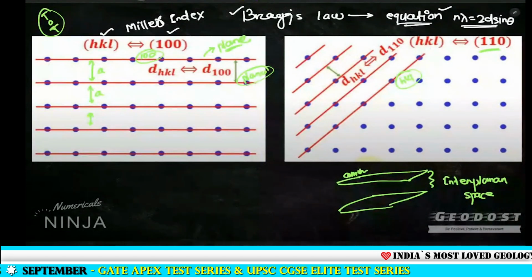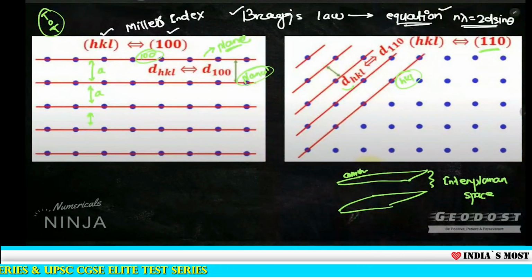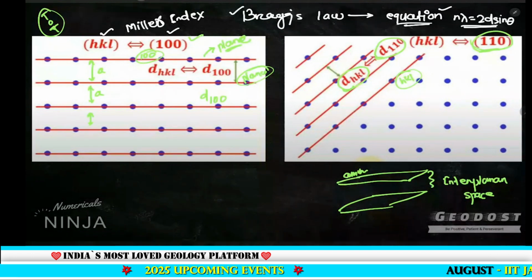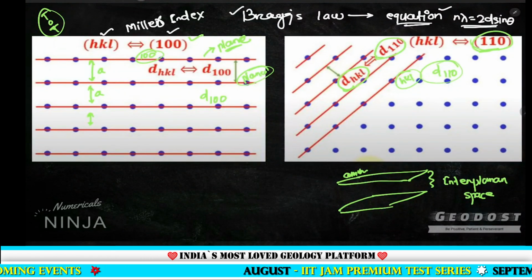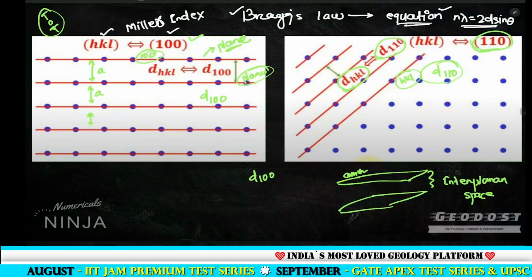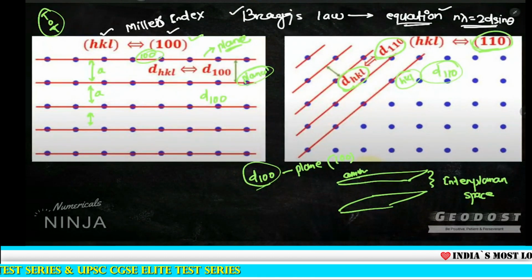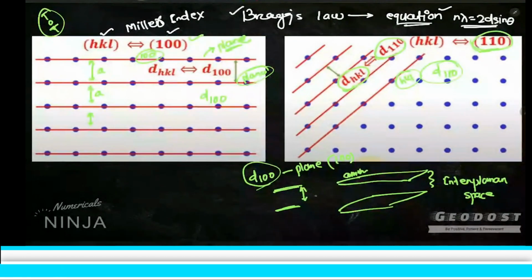Okay, so that's why it is 110. Why I'm telling you this is that you just have to see the notation. The spacing between the planes for the Miller index 100 is called D100. And if it is 110, the spacing is called D110. If D100 is written somewhere, it means the planes are 100, and the interplanar spacing between them in mineral formation cases is called D100. Okay, is it clear?